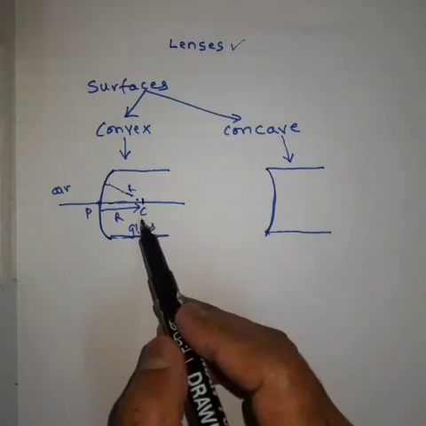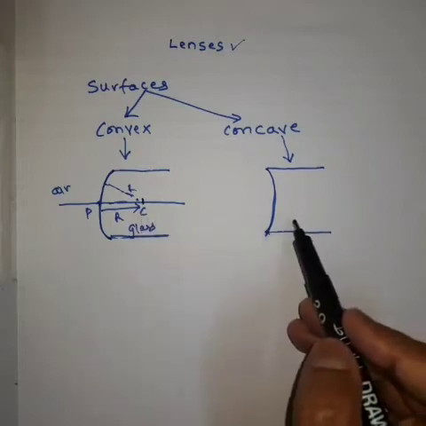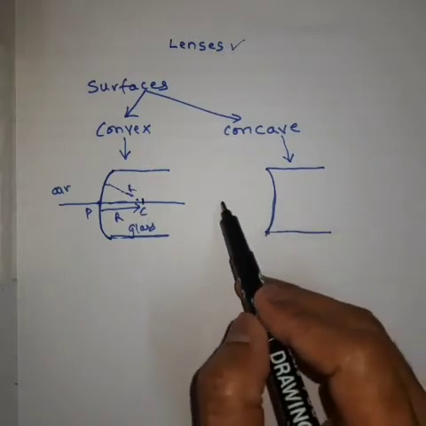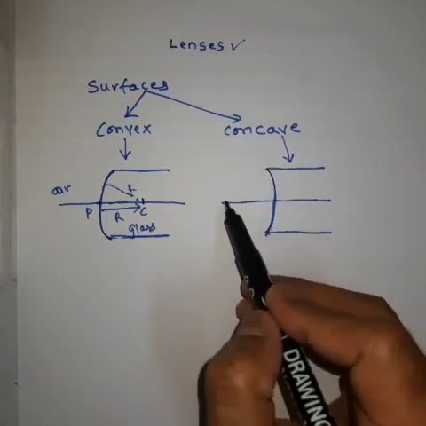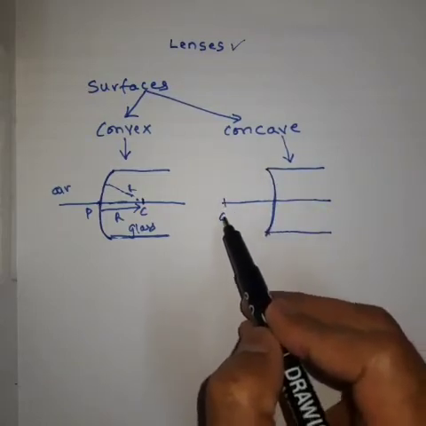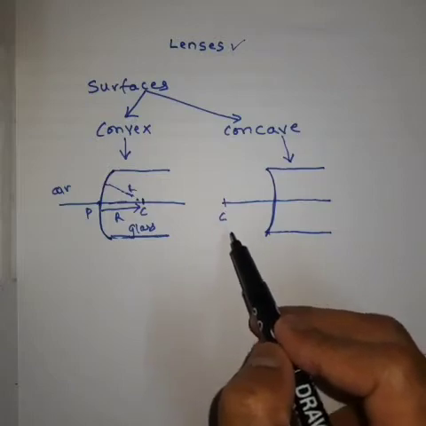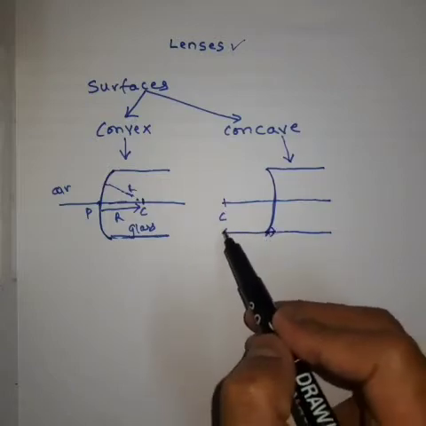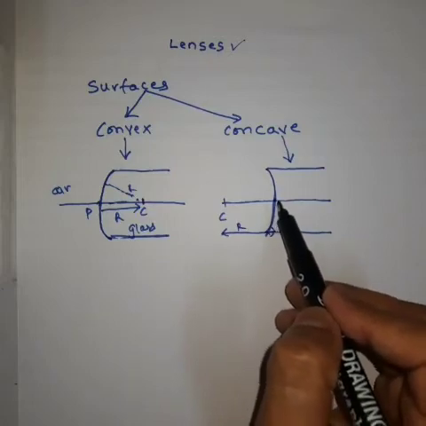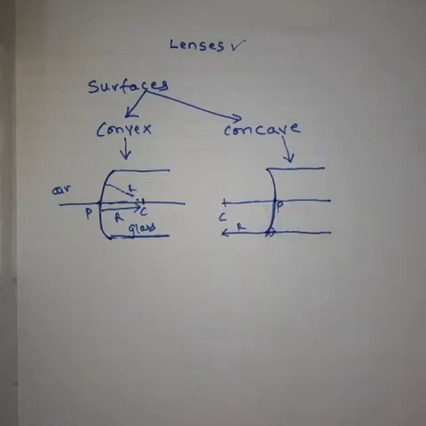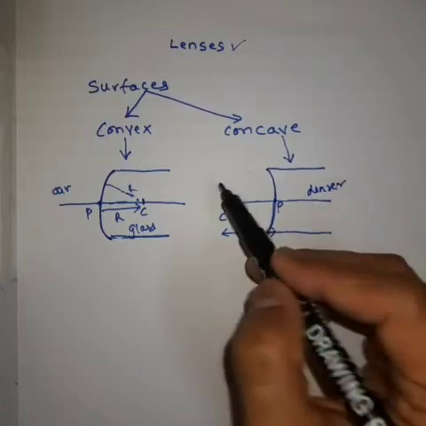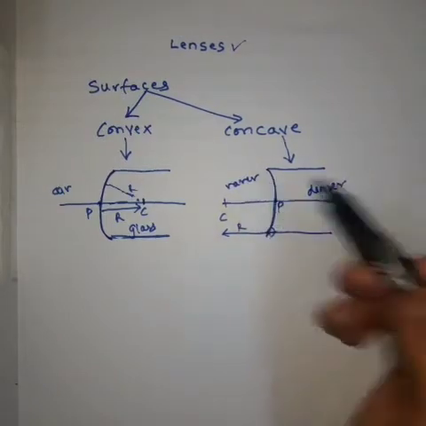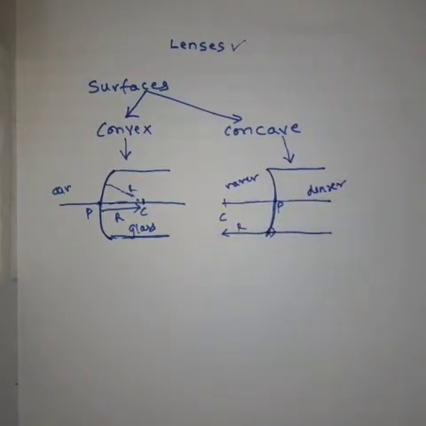These surfaces are called refracting surfaces. If I draw here also, it's the same case. This curve we get from the outside part, so this will be the center of curvature, this the radius of curvature, this the pole. This is my denser medium, and this will be considered the rarer medium.